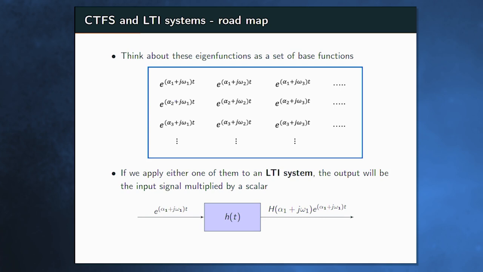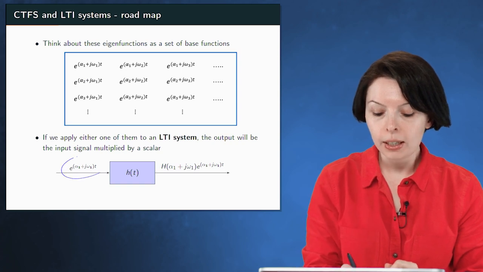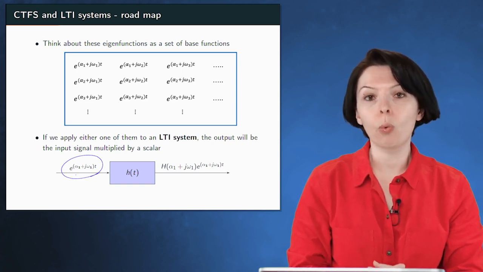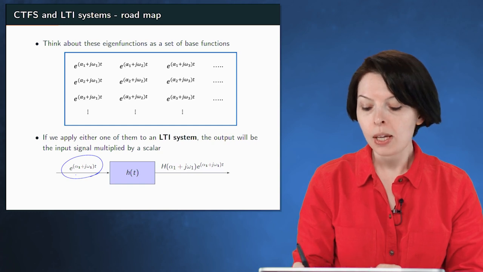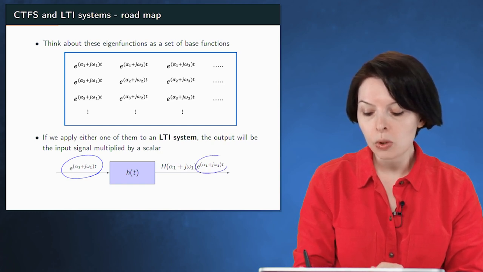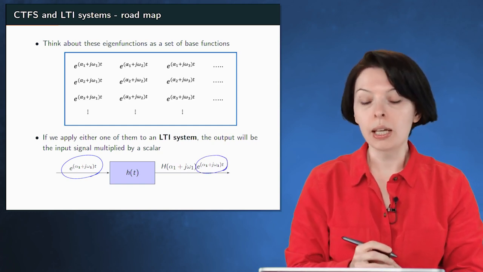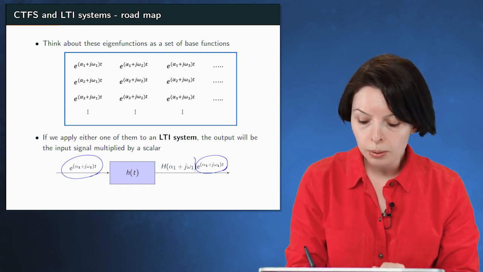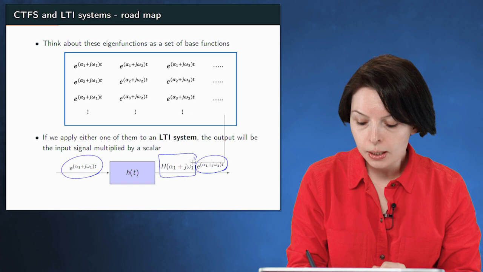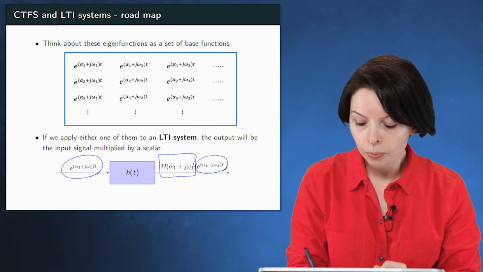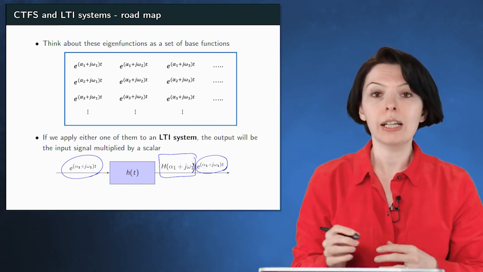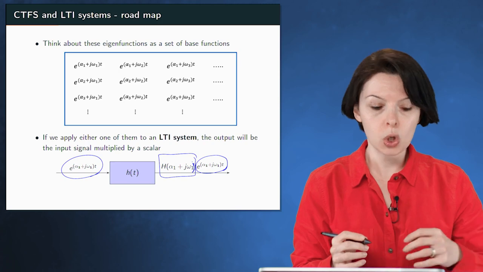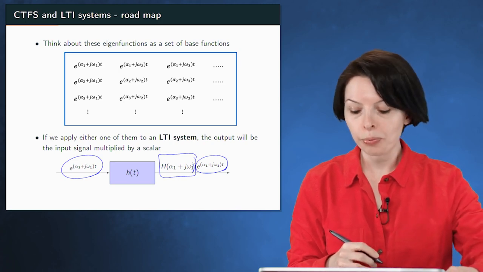It's just going to be multiplied by a constant, by a complex number. So if you apply e to the alpha 1 plus j omega 1 t to an LTI system, the output is going to be equal to e to the alpha 1 plus j omega 1 multiplied by t. This whole thing is going to be multiplied by this expression, which is related to the impulse response, or h of t, of the LTI system.